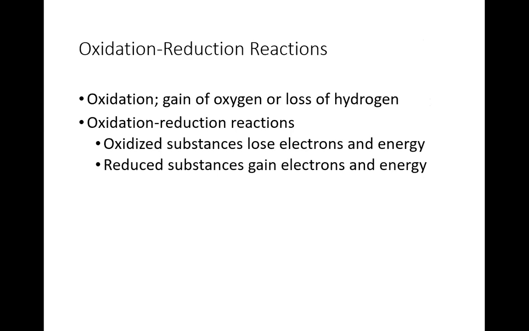The substance that captures the electrons is reduced. It's reduced. It gains electrons and theoretically gains energy. So when we're making water, by adding hydrogens and electrons to the oxygen, we are gaining electrons and theoretically we're gaining energy because we're gaining the potential energy of those electrons in the valence shell of the hydrogen and the oxygen.